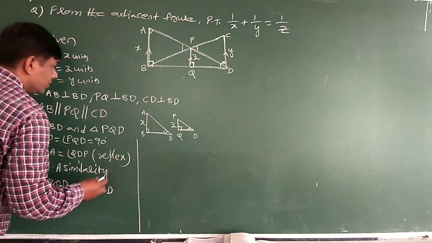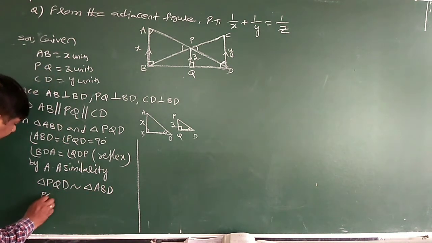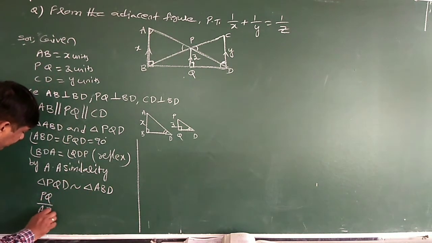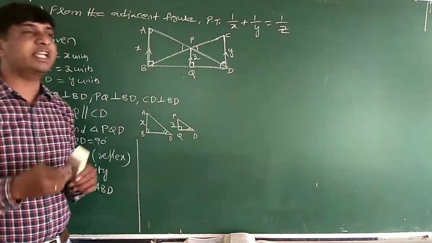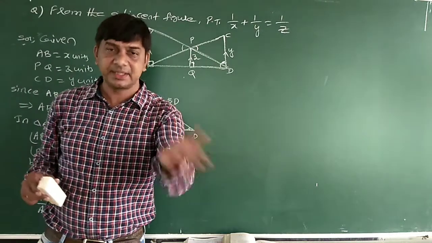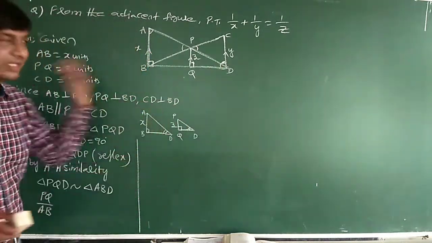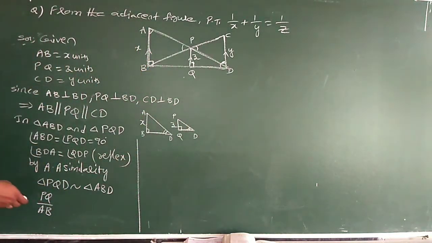If I take ABD first and PQD second, I get the same answer, only at the end you need to take the reciprocal.